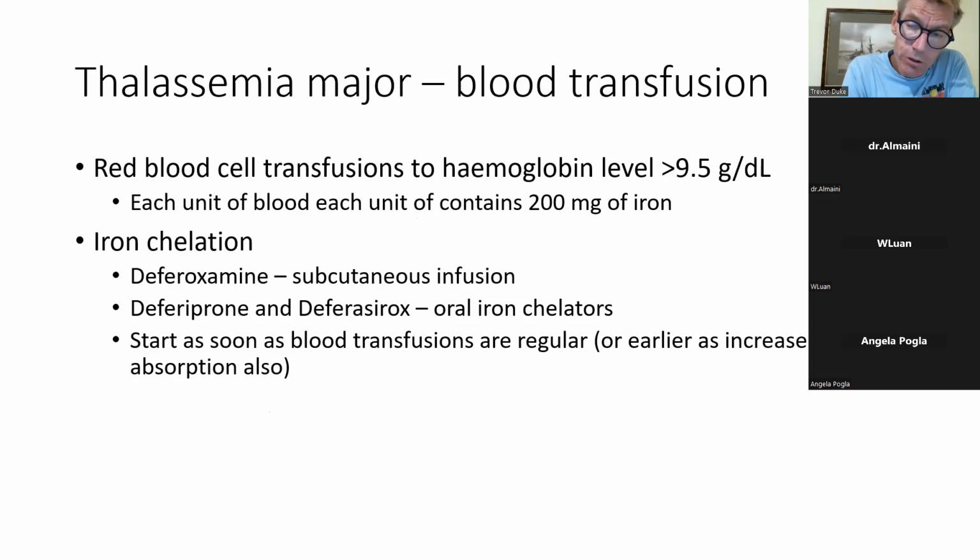When you transfuse them, you should aim to get them to 10 or 11 or 12 so that they have a longer period of time when they're not severely anemic. Remember that each unit of blood you give contains about 200 milligrams of iron. So you're giving a lot of iron to these patients every time you give them a unit of blood. And so these patients, once they start having regular transfusions, they do need iron chelation therapy.